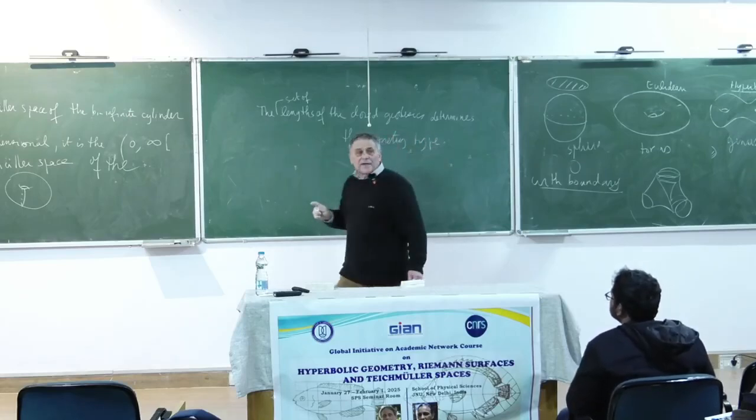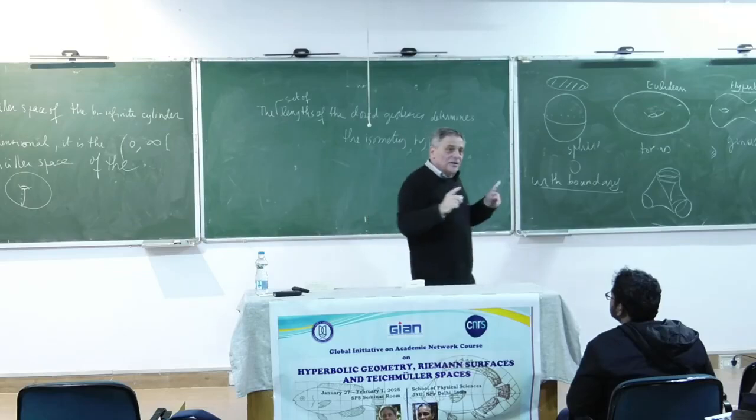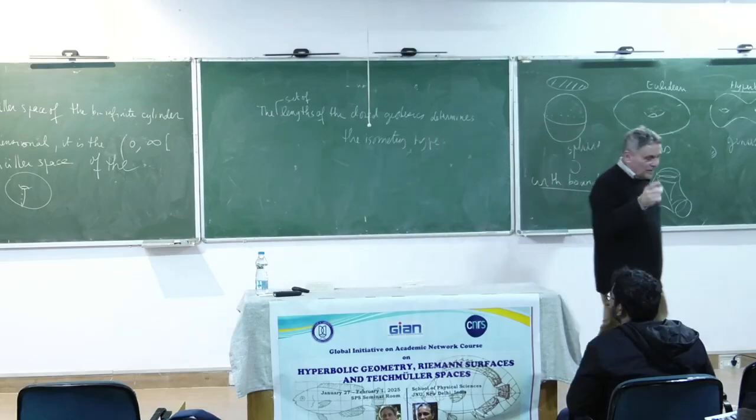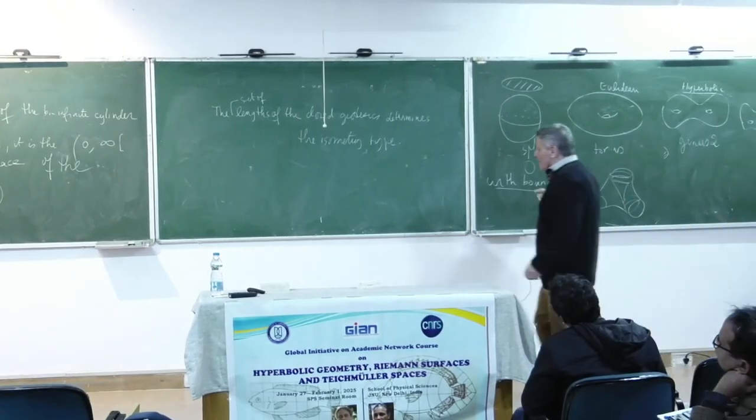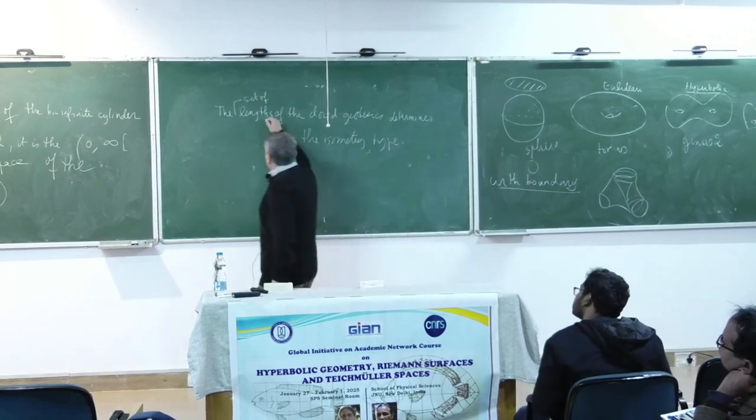So I said the set of lengths means all of them, not only the one and the next one. Maybe for the torus, the next one, I don't know. I have to think about it. The thing is that this is very important for what I will say later.